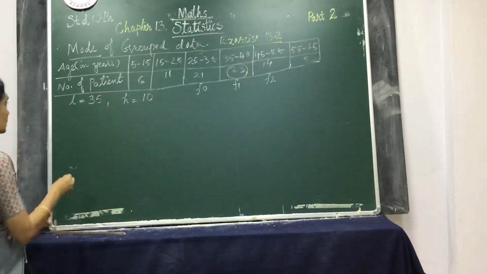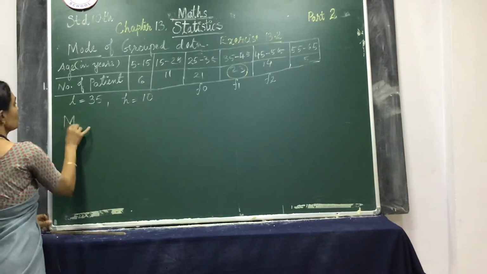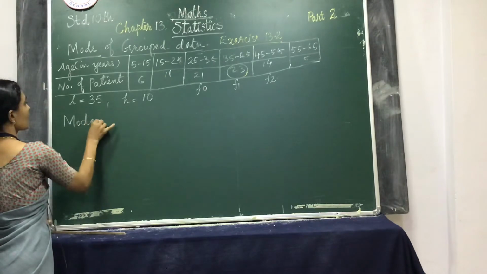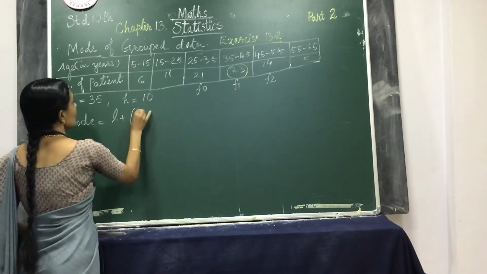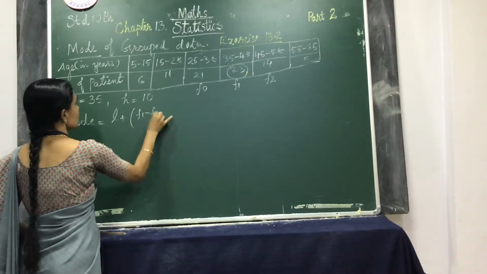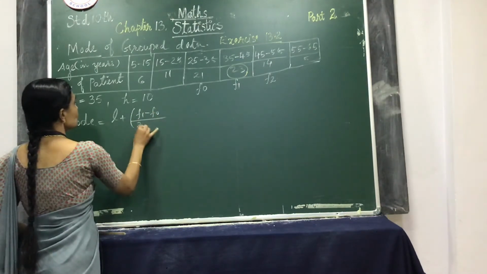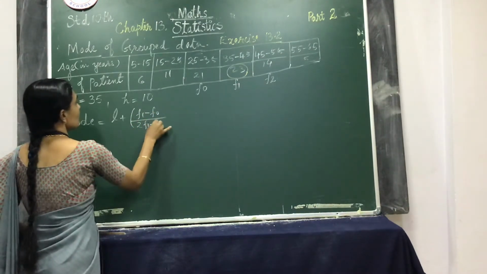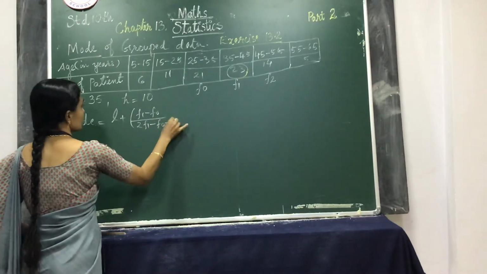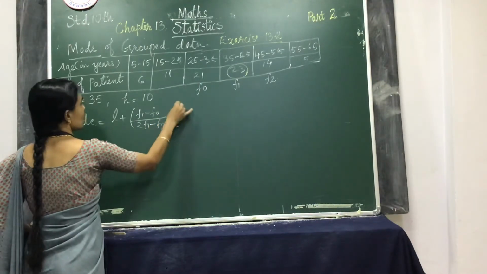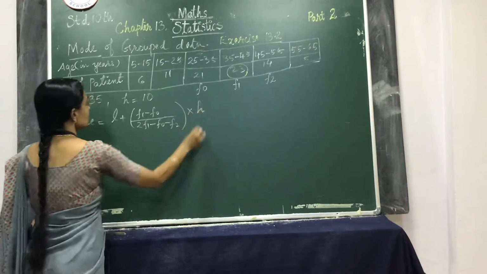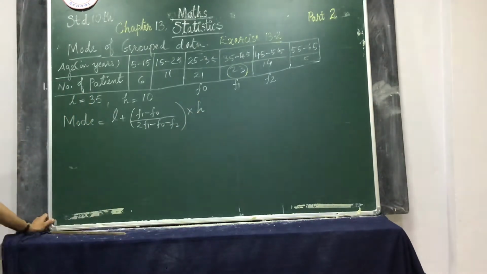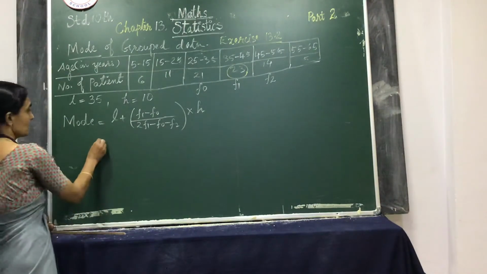Now we need the mode. The formula is L plus (F1 minus F0) divided by (2 F1 minus F0 minus F2) into H. Now we have L, H, F1, F0 and F2. So let's substitute.